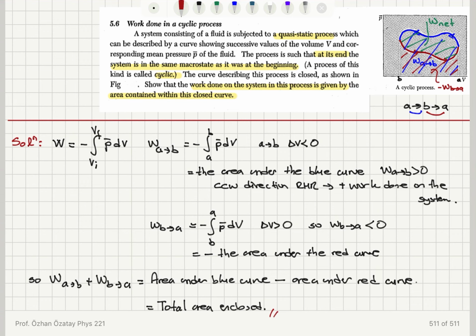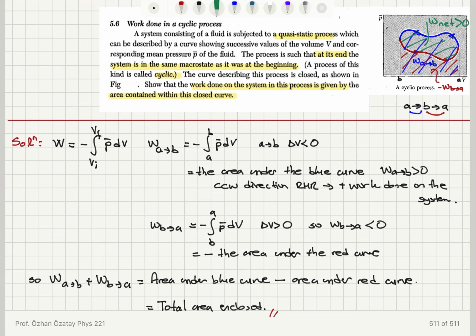If you follow the whole path with your right hand rule from A to B and B to A, you can see that the total area that I'm drawing with this closed curve is following a counterclockwise orientation at the boundary, so the net work done will be positive. So this is also telling me net work done will be positive.